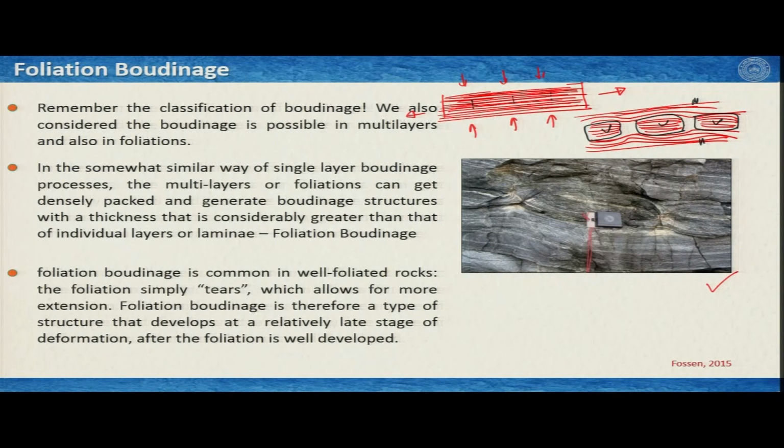Now, foliation boudinage is common in well foliated rocks. The foliation simply tears, as I have explained here, they just break in little pieces, which allows for more extension, and foliation boudinage is therefore a type of structure that develops at a relatively late stage of deformation, because you need this strong anisotropy, and it generally forms after the foliation is extremely strong and well developed.